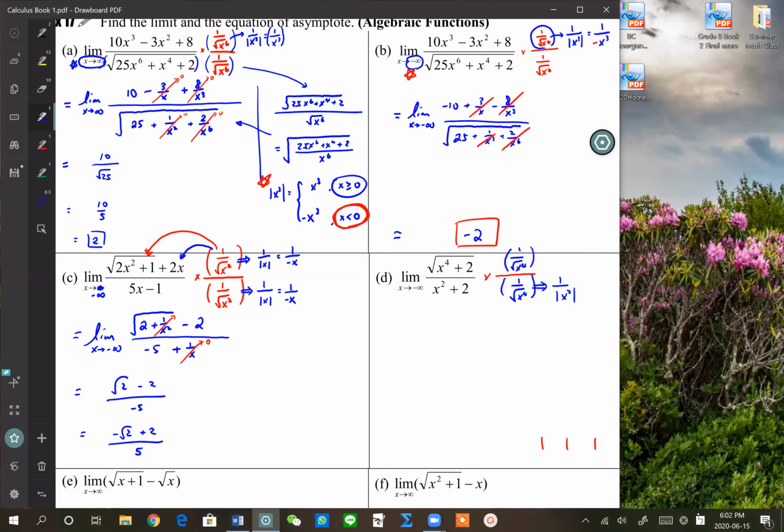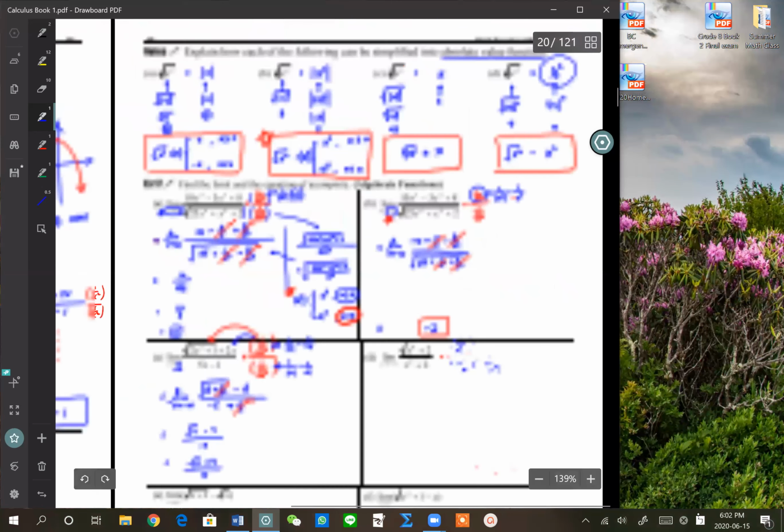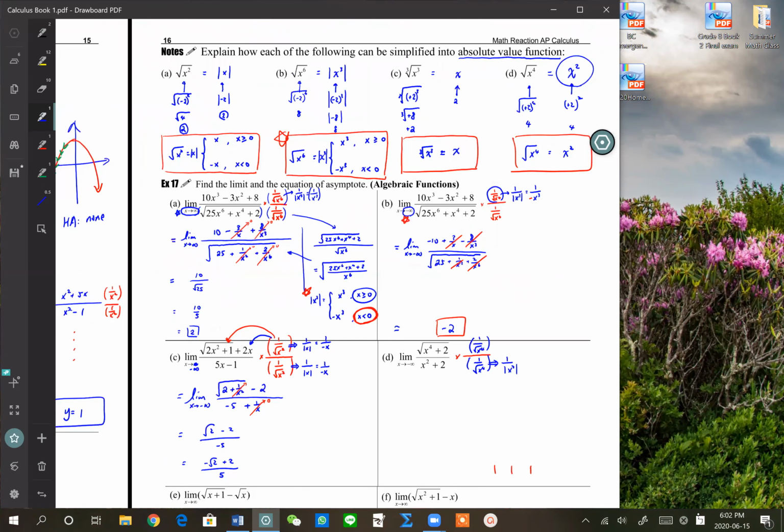Well, if you remember on the top, it belongs to A, B, C, D, which one? A? Well, A has x squared and then square root. B? B has x to the 6.